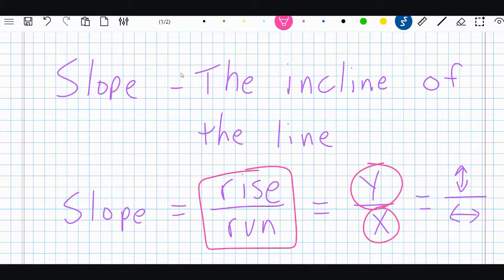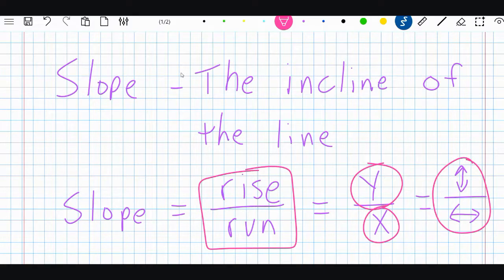When you run, I'll drop my pen, when you run side to side. So your run is your x, and your rise is your y. All right, sorry about that. The other way that I wrote it is using arrows, and so maybe this will help you. The rise is the up and down.